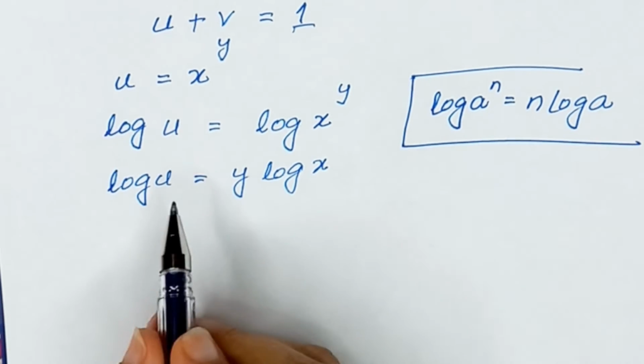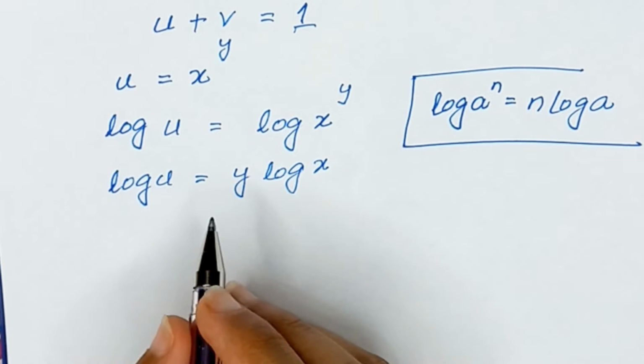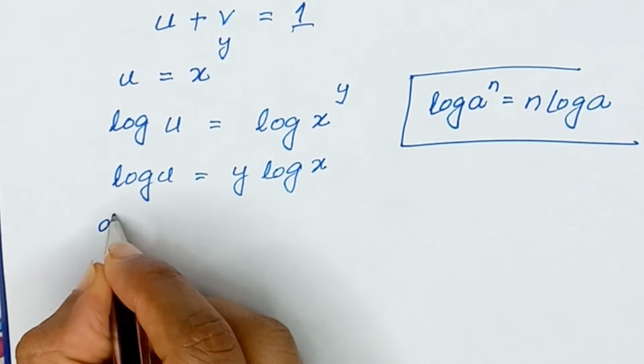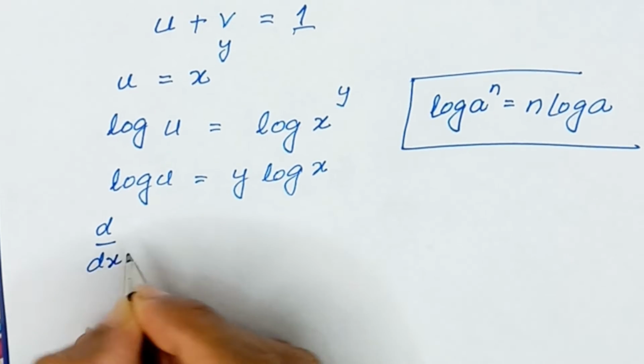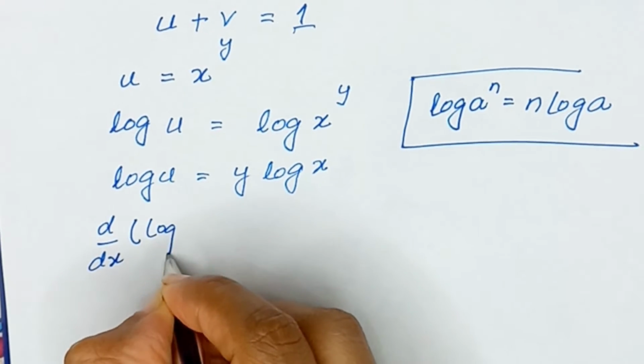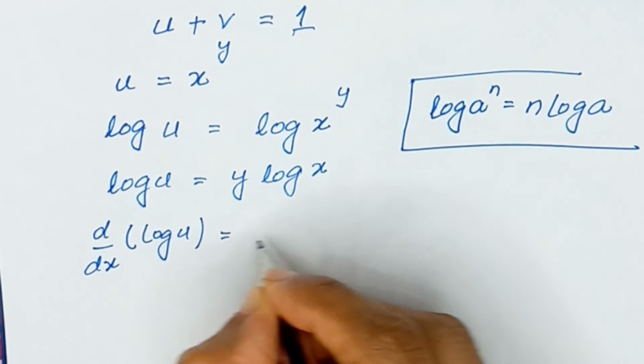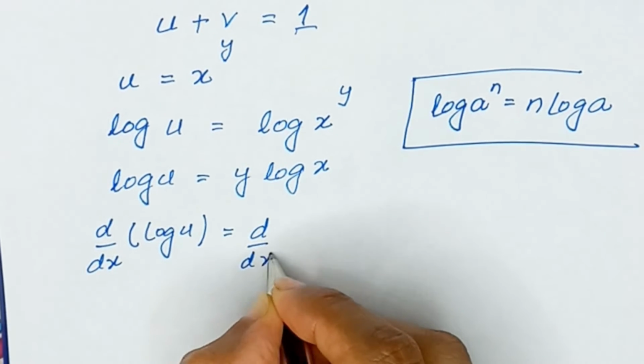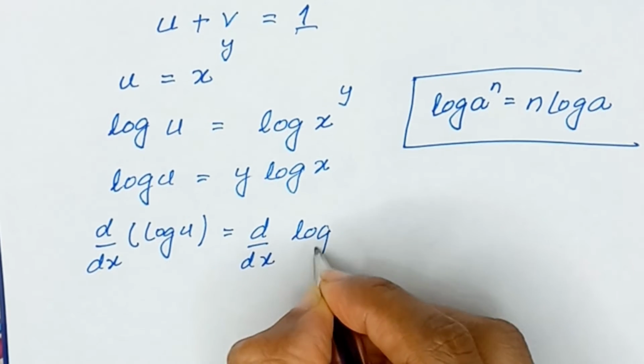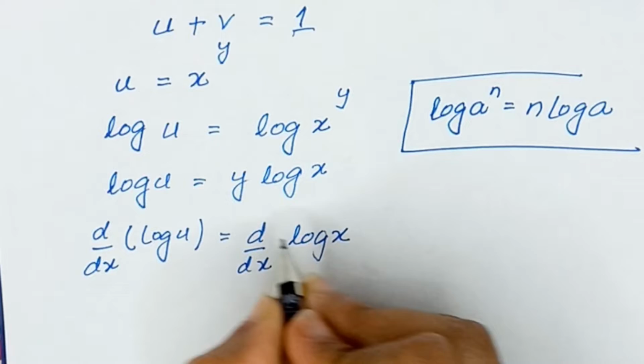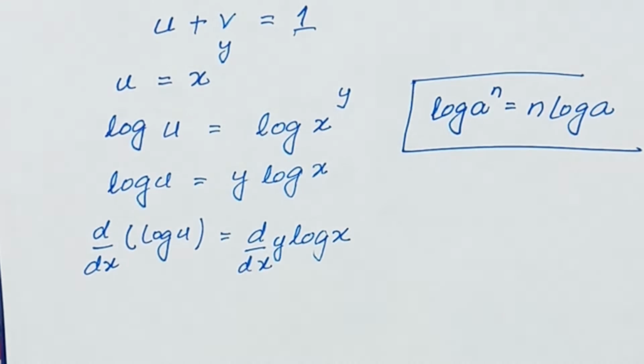Now we will differentiate it with respect to x. So d by dx of log of u is equal to d by dx of y times log of x.